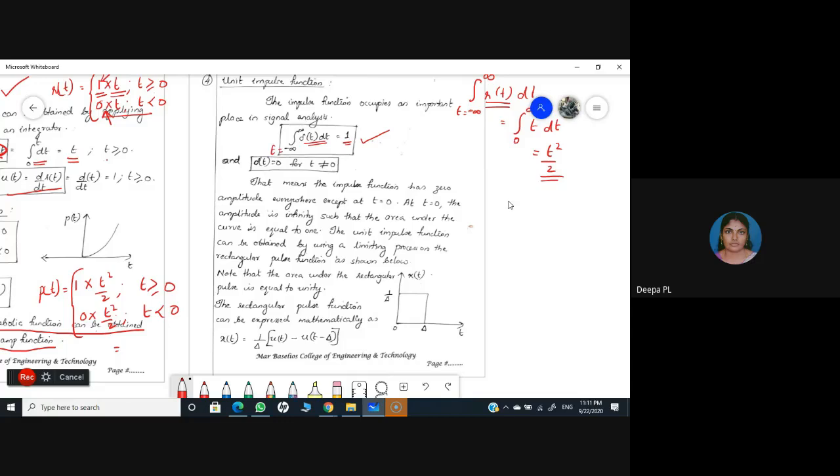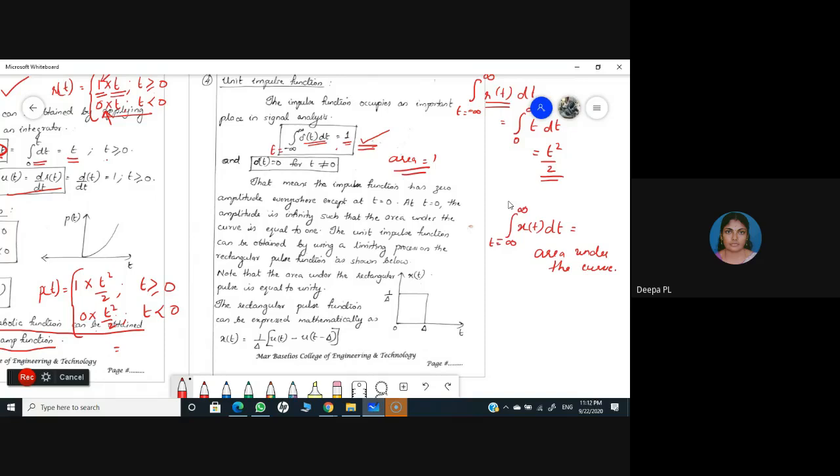What is the meaning of the integral from minus infinity to infinity of x of t dt? This quantity is the area under the curve formed by x of t. So the meaning of this statement is that the area under the curve is equal to 1. If you have a function del of t whose area under the curve is equal to 1, that indicates that it is an impulse function.